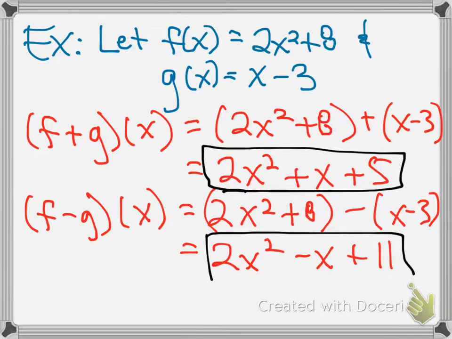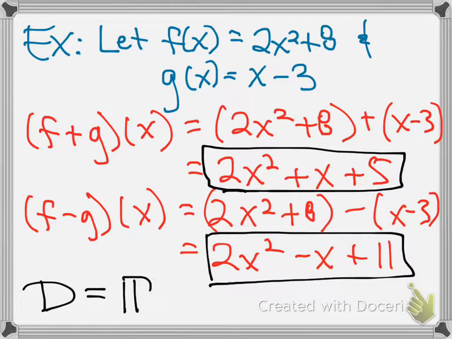Same holds true for our second function where we are subtracting the two. There isn't any value of x that we would be excluded from plugging into this combined function. So again, our domain is all real numbers. And remember that if your domain is all real numbers, you can use that fancy script R to describe that. You can say it goes from negative infinity to positive infinity if you want to use interval notation.